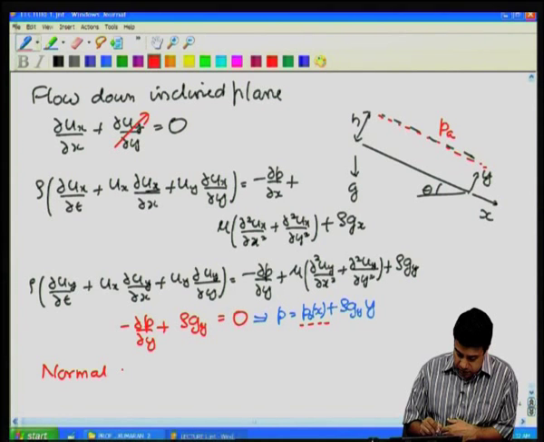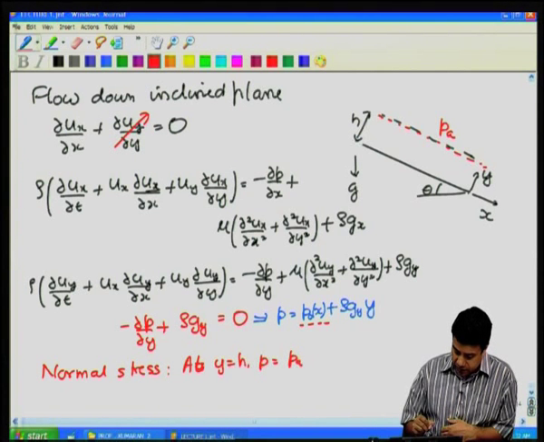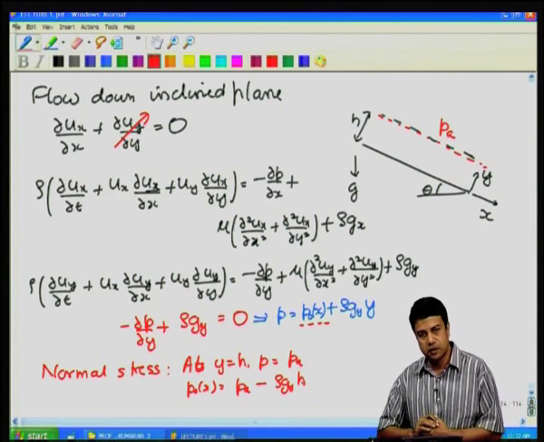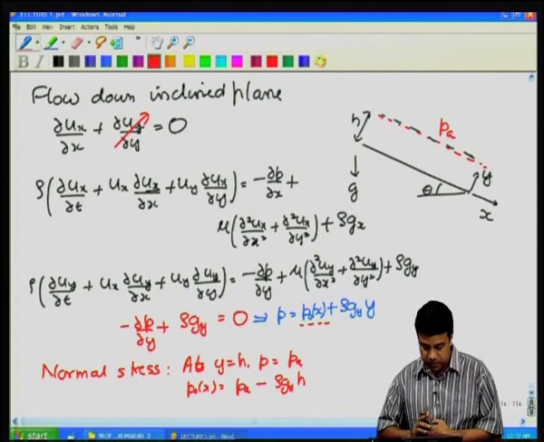the normal stress condition at y is equal to h, P is equal to P A. That means that P naught of x is equal to P atmosphere minus rho g y h, because at y is equal to h, P is to be equal to P atmosphere.